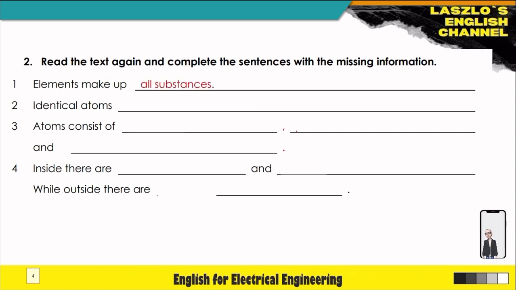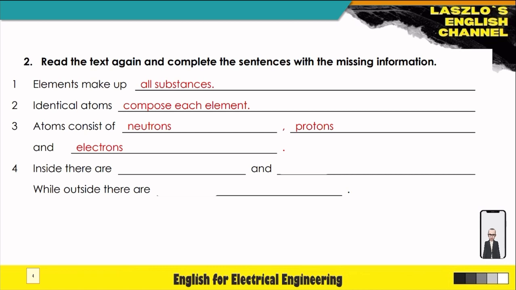So, elements make up all substances. Identical atoms compose each element. Atoms consist of neutrons, protons, and electrons. Which of these are inside and which of these are outside?